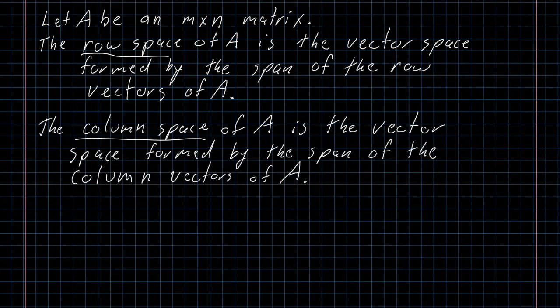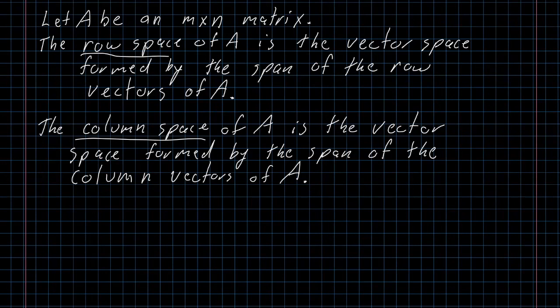So for any matrix A, I'm going to specify M by N so that I can talk about things a little bit more. But the row space of A is the name we give to the vector space formed by the span of the row vectors. So if we have an M by N matrix, the row space is a set of n-dimensional vectors. There are m of them.